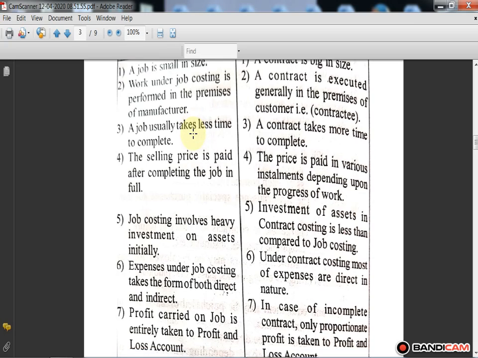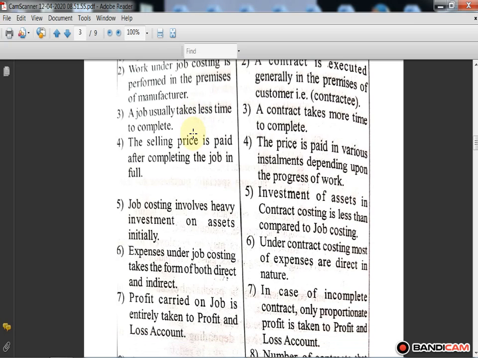Fourth point, the selling price is paid after completing the job in full, whereas in contract costing, the price is paid in various installments depending upon the progress of work. The price is paid to the contractor according to the progress of the work.